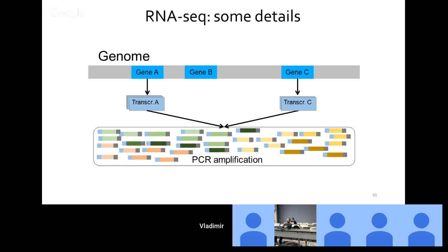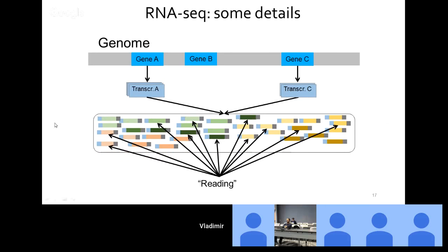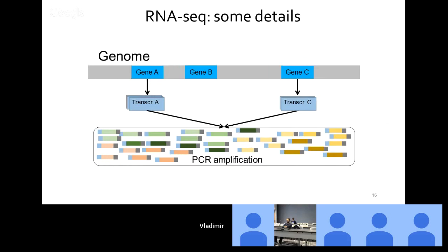If we have, for example, only 2 rounds of PCR amplification, we get only 4 copies for each segment. And so after this step, there are multiple copies for each initial short sequence. For PCR amplification, there is no guarantee that the efficiency of this stage will be equivalent for all short reads. So for some short reads, there will be more copies.